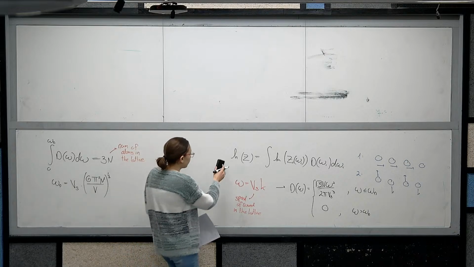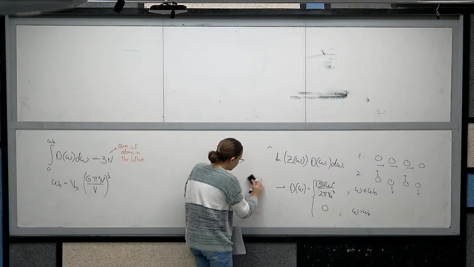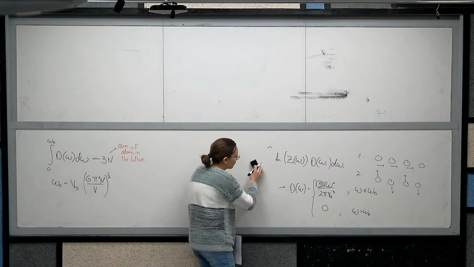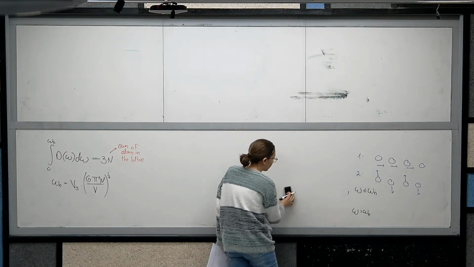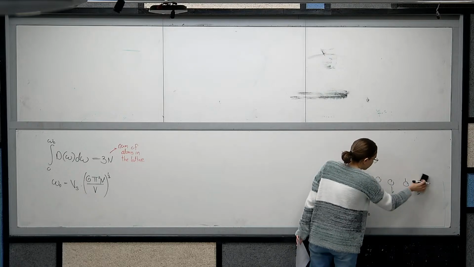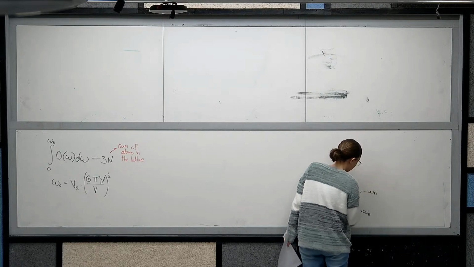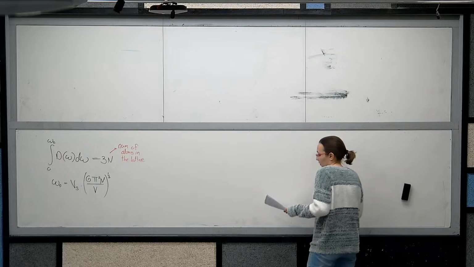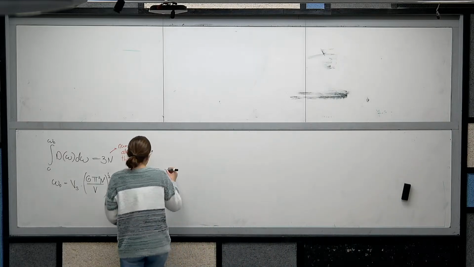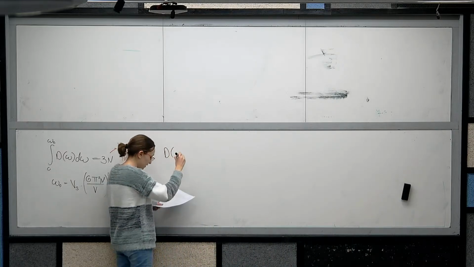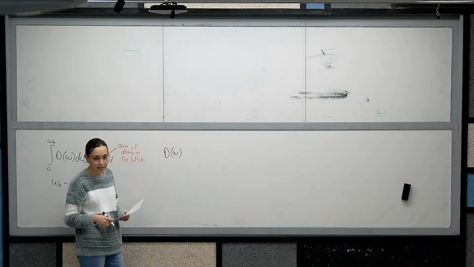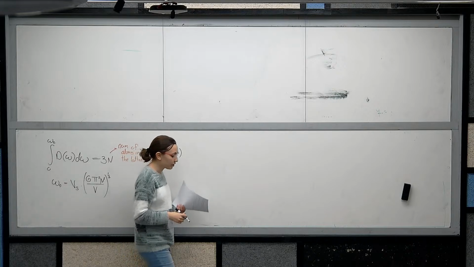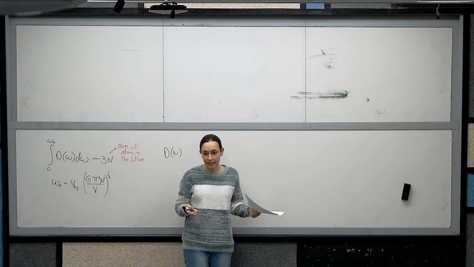And last thing, last formula. You'll see it in the lecture that we can calculate the density of states if we have the dispersion relation between omega and k.